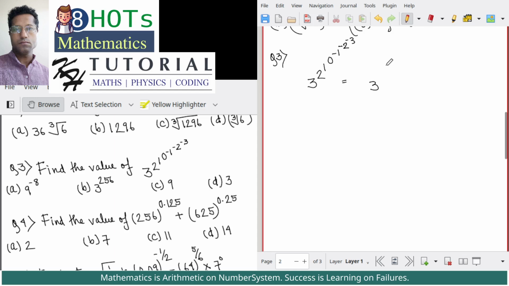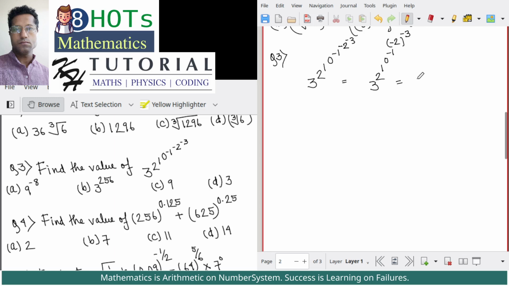So this is 3, 2, 1, 0, then minus 1, and then this minus 2 is the power of minus 1, which is minus 2 raised to the power minus 3. Let's try to evaluate all the powers from the topmost side.